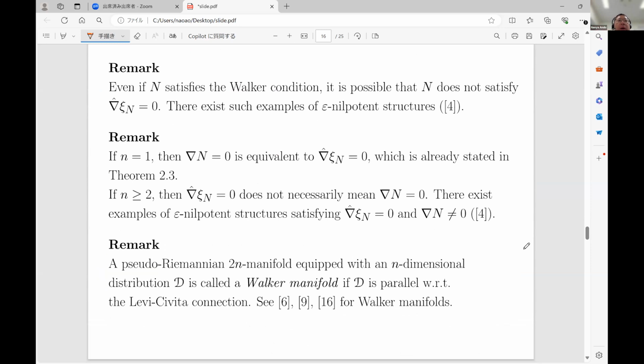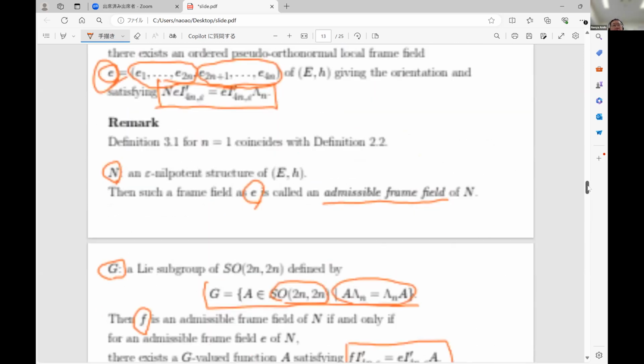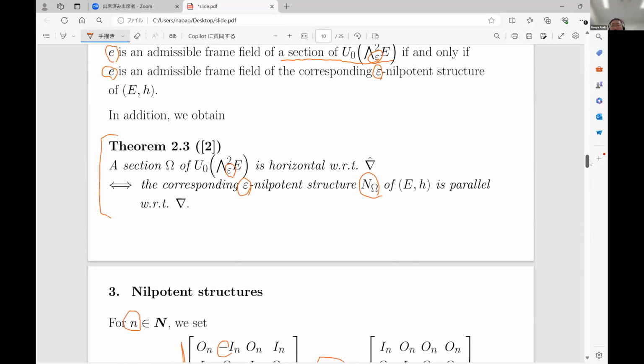Even if N satisfies the Walker condition, it is possible that N does not satisfy this condition. There exist such examples of epsilon nilpotent structures. If n is equal to 1, then this condition is equivalent to this condition. This is already stated in this theorem.